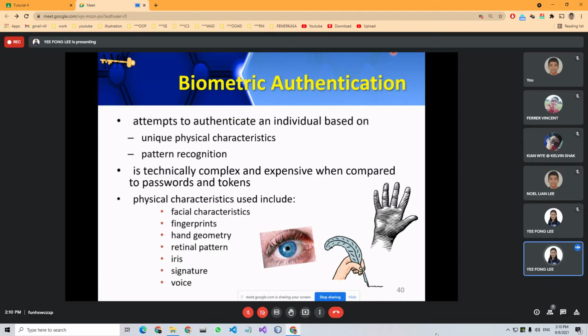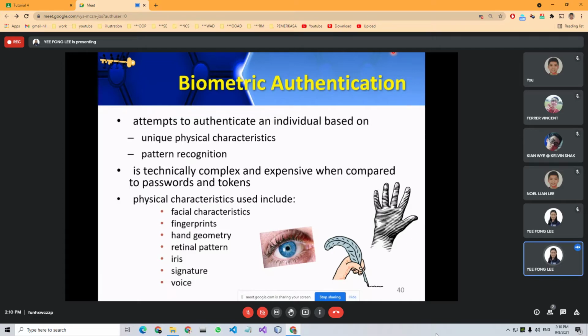Let's continue. Biometric authentication. A biometric authentication system authenticates an individual based on their unique physical characteristics. Unique, so everybody is different.